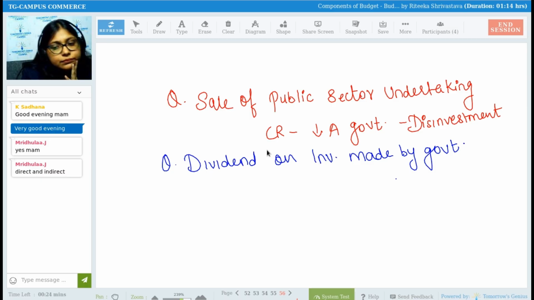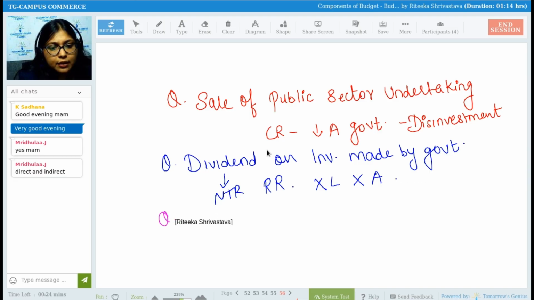Yes, everyone. Very good. It's a revenue receipt because we know dividend is part of non-tax revenue, which means dividend does not create any liability, nor does it reduce the assets of the government. So of course it is that.